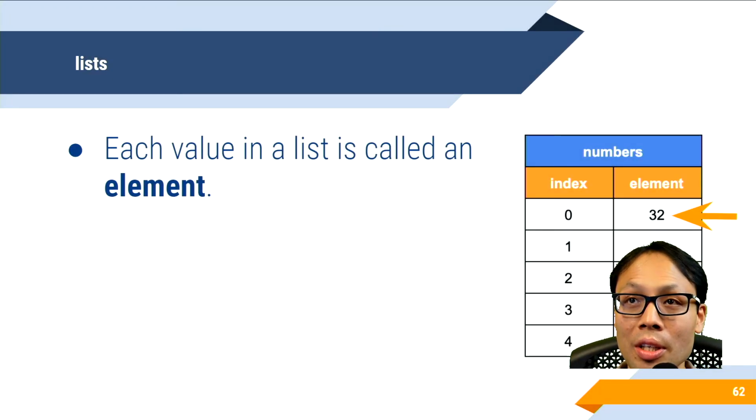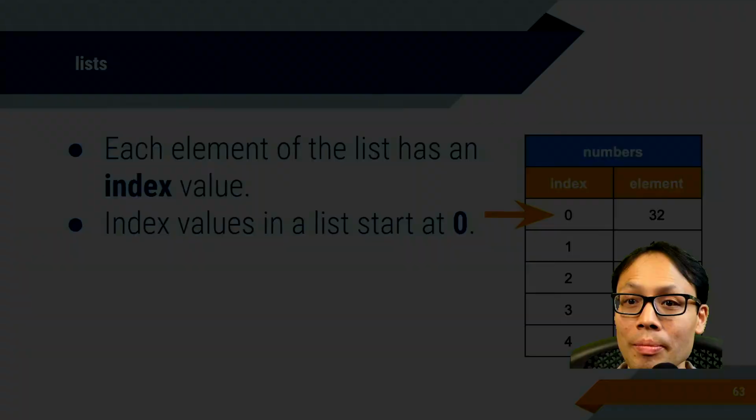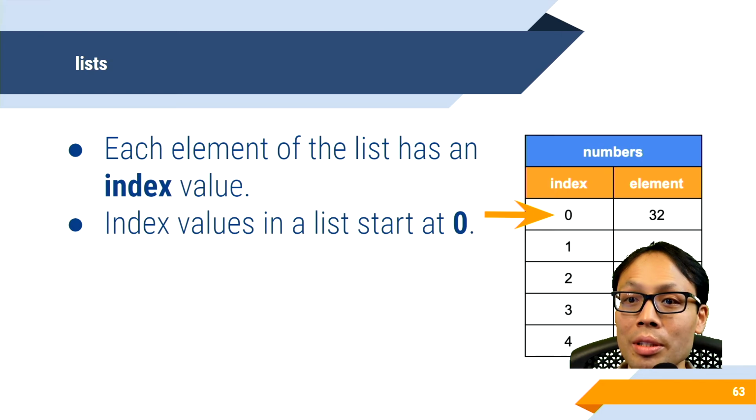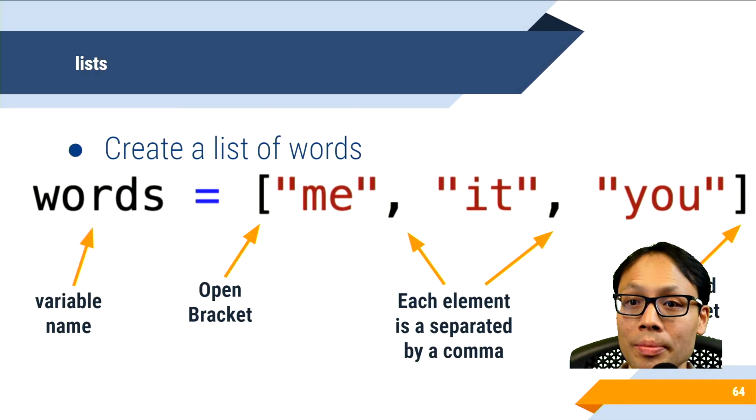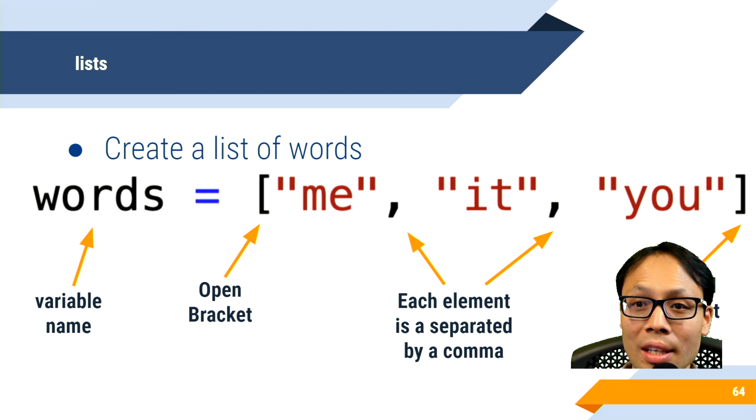So some terminology that goes along with lists. Each value in a list is called an element. And each element of the list has an index value. In Python, index values start with 0. All right, so what I want you to do in part B of the activity is create a list of words.